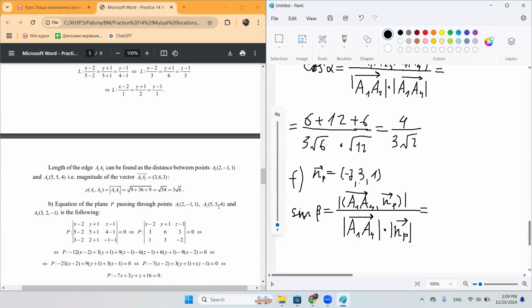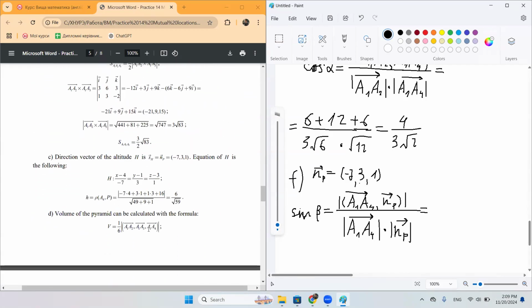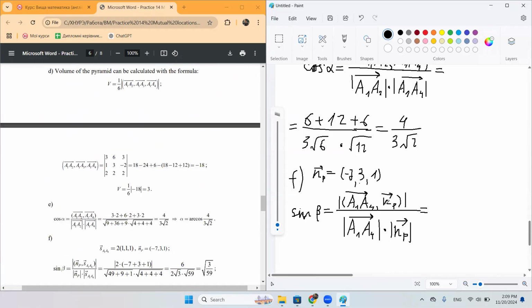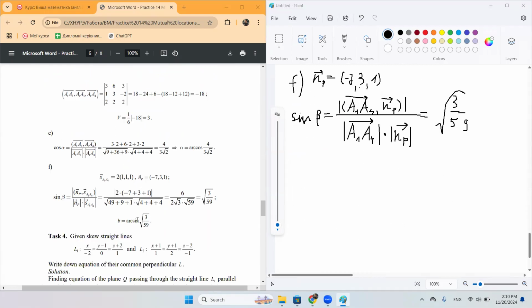Okay, and as well, let's not play with these values. So again, an irrational number, square root of 3 by 59. So beta has the following value, arcsine of square root of 3 by 59.